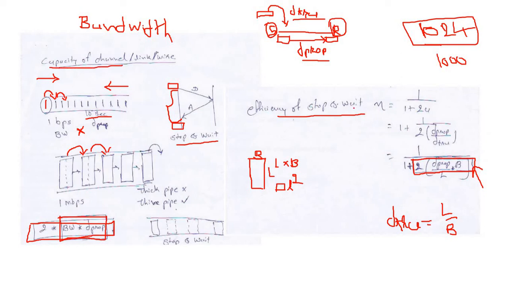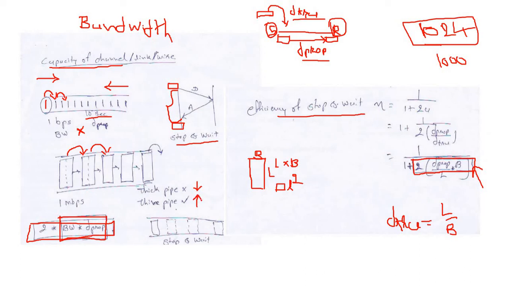So the efficiency of stop and wait protocol is 1 upon 1 plus 2 into delay of propagation multiplied by B divided by L. Whenever there is a thick pipe, efficiency will decrease in case of stop and wait protocol, whereas when there is a thin pipe, efficiency will increase.